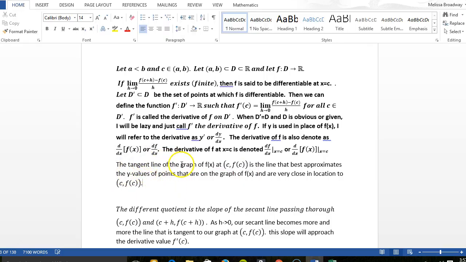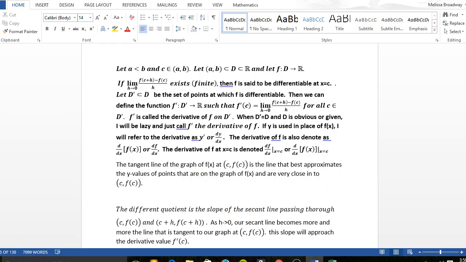So the tangent line of the graph of f of x, let's just say we have a nice enough function f of x, at the location Cartesian coordinate c, f of c, is the line that best approximates the y values of points that are on the graph of f of x and are very close in location to c, f of c.